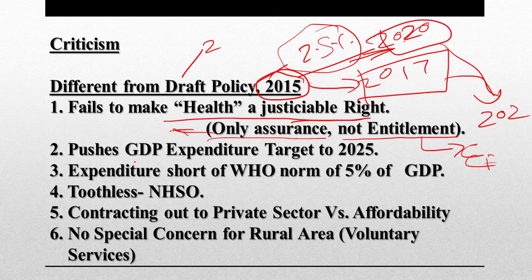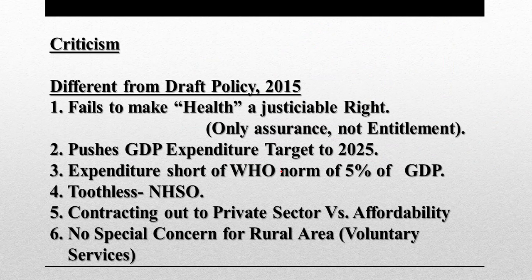The second thing is that it pushes the GDP expenditure target to 2025. We have discussed already that earlier it was to be achieved by 2020. The expenditure is short of the WHO norm of 5% of GDP. Many well-developed countries, though the Scandinavian countries are an exception, spend around 13% of their GDP. We are talking about normal countries which spend 5% of their GDP.